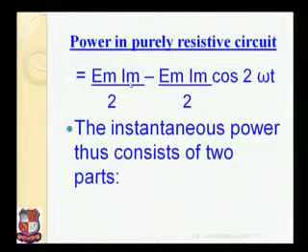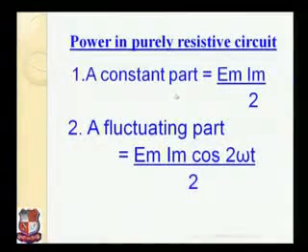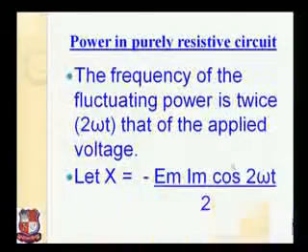It will not change with respect to time, but the second part will. So first is this constant part, which is Em Im by 2, and second is the fluctuating part, which is equal to Em Im cos 2 omega t by 2.